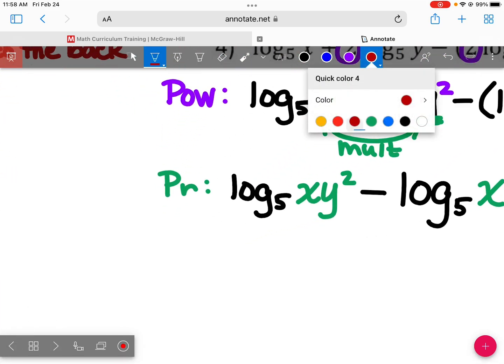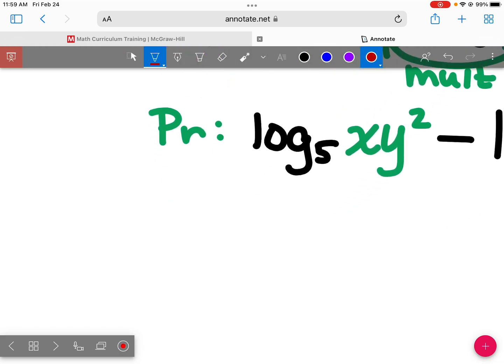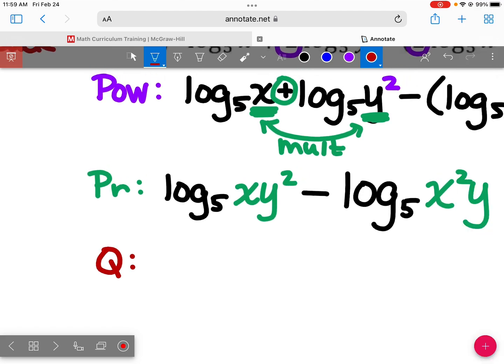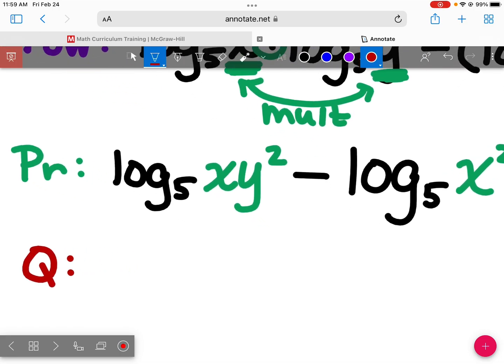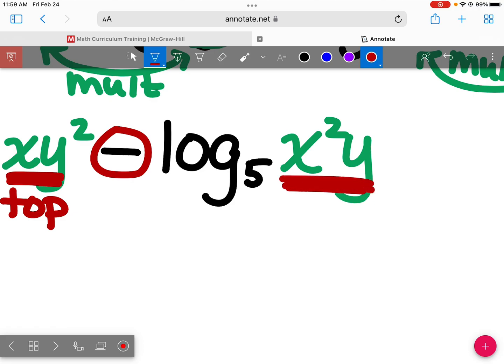We did powers, we did product, now we do quotient. Do I need to do quotient? Yes. How many logs are being subtracted? 2. If you've done the other steps right, there should only be 2 logs left at this point. Here's my subtraction. What do I do with the first one? Numerator, this one goes up on top. What do I do with the second one?